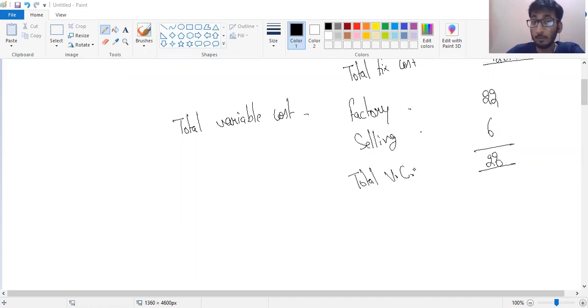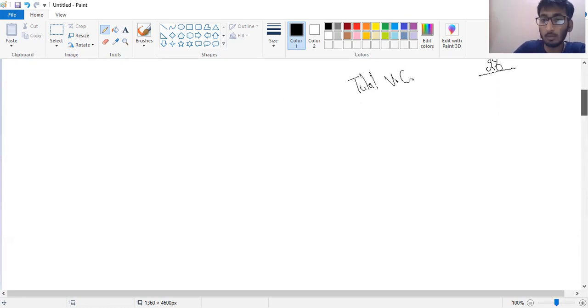Now, what is the formula of the break-even point? Break-even point is fixed cost divided by contribution per unit. So basically, calculation of contribution per unit.